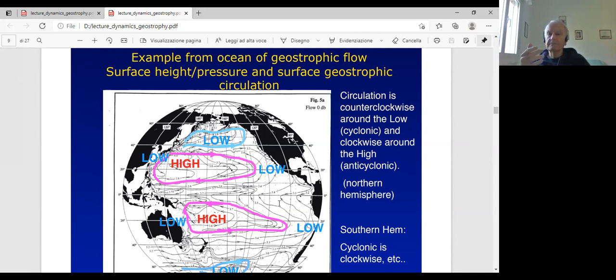So what should we do in that case? In order to get the information on the surface geostrophic circulation, we should simply measure the sea surface.